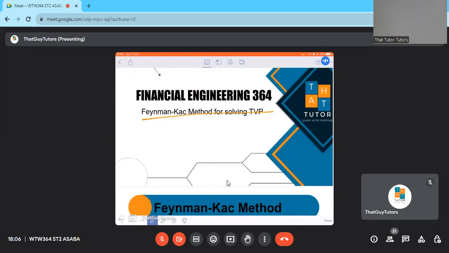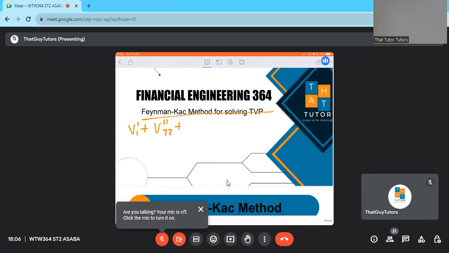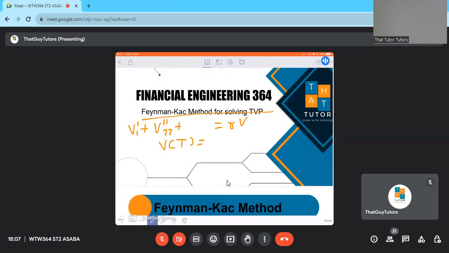Let's say V11, something, V22, and then they want you to calculate some V, where you're going to have V of t equals some function, right? So this is when you are going to use a Feynman-Kac method, right?